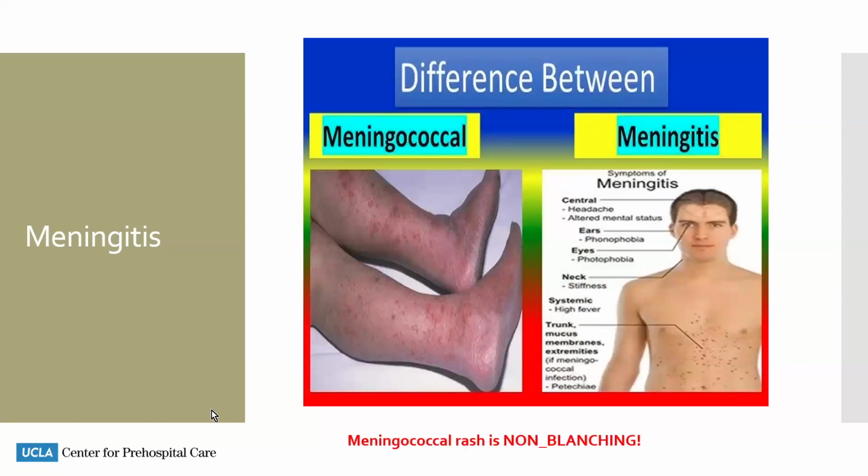So meningococcal meningitis, and here we have part of the rash, and it looks like petechiae. That's small dots, okay? That's a petechial rash. And like I said here, meningococcal rash does not blanch because when you put your finger on your skin and you press, it goes lighter, right?